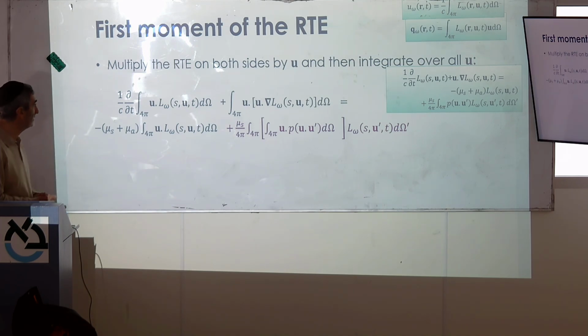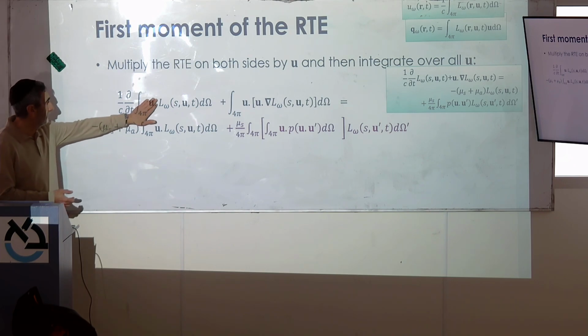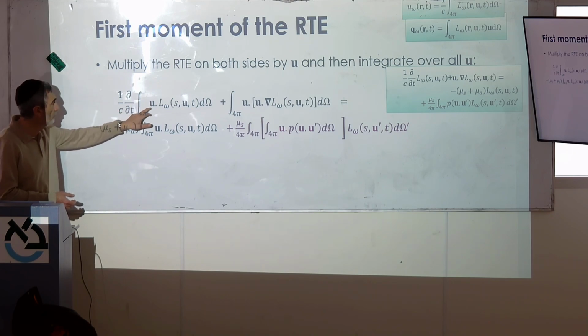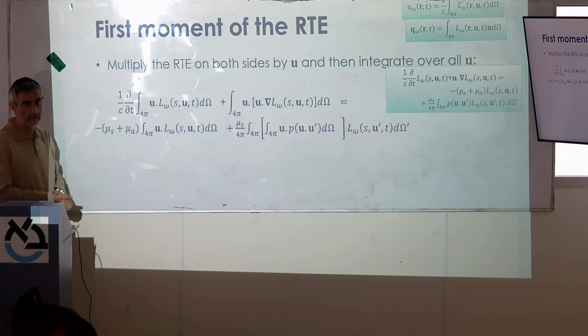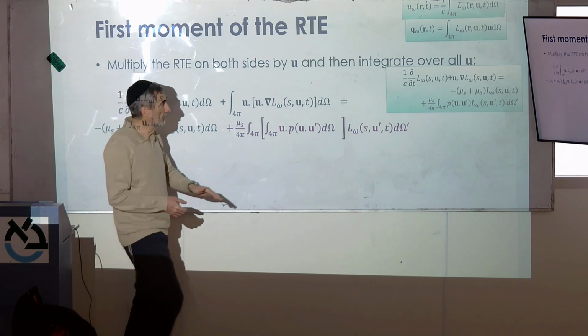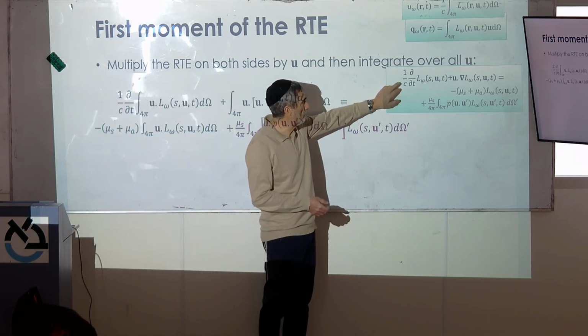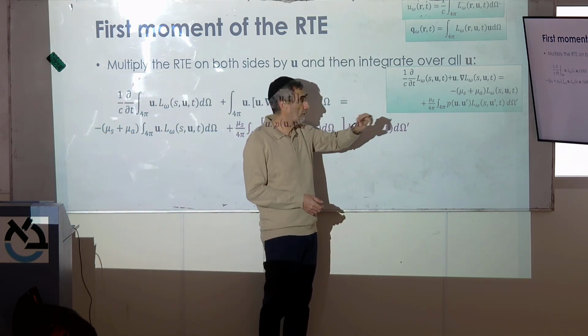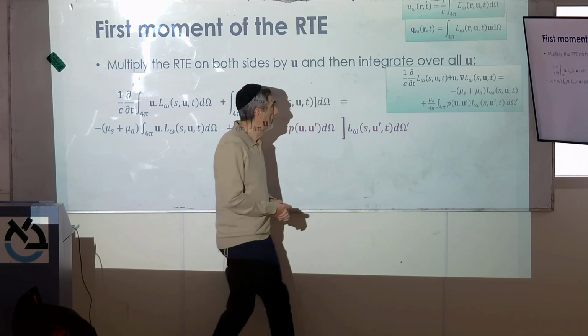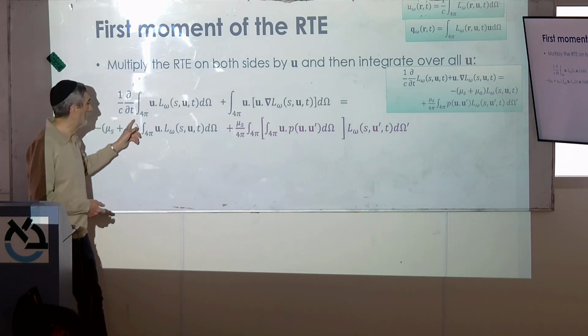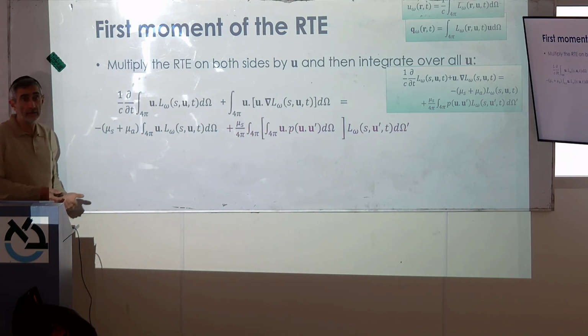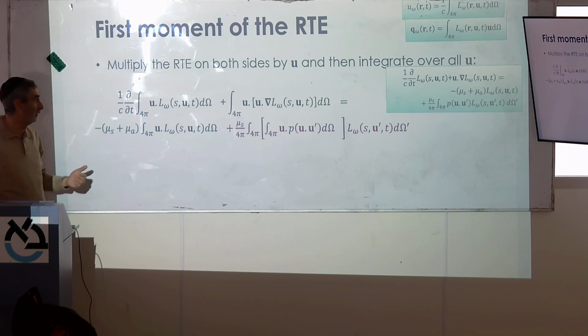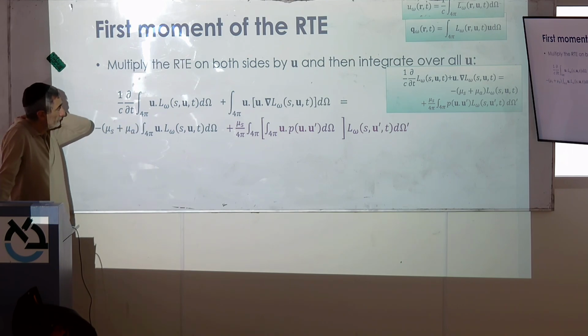Instead of simply integrating the radiative transfer equation, now we integrate U times the radiative transfer equation. You multiply each term by the vector U and integrate over all space. That's the first moment; before, we did the zero moment.